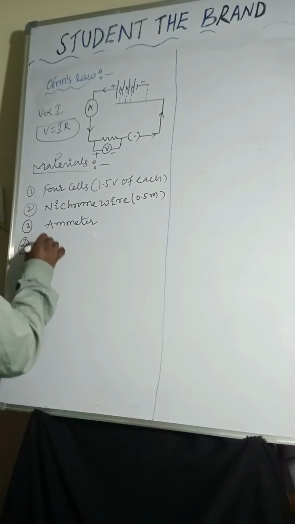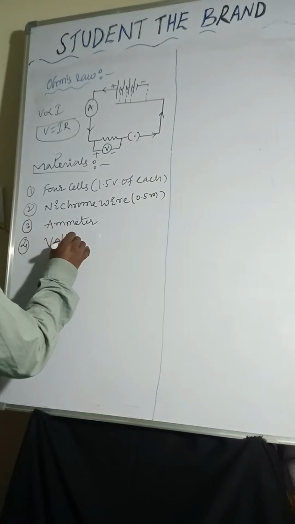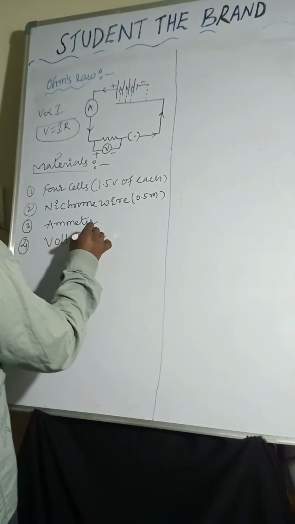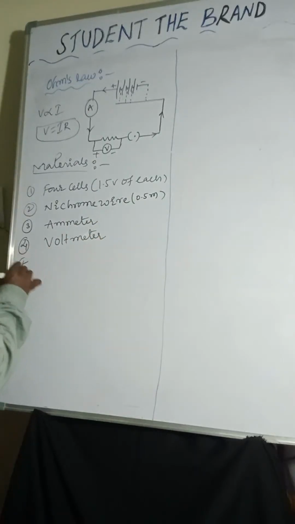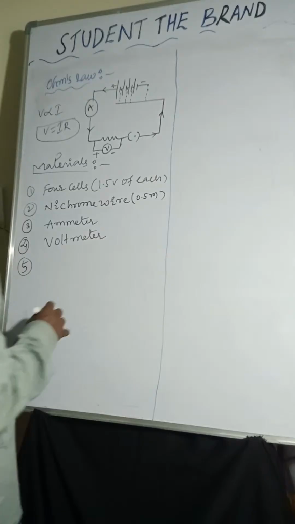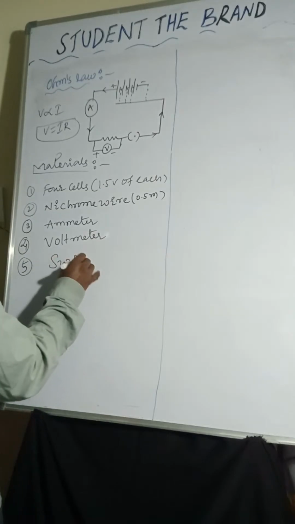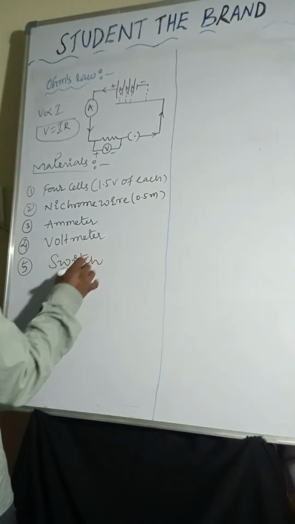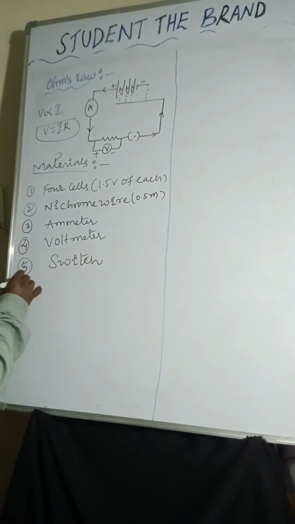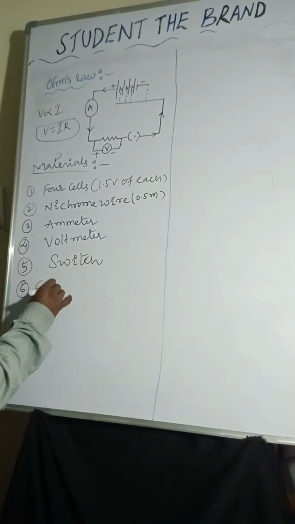Fourth one, voltmeter. Fifth one is switch, and sixth one, connecting wires.